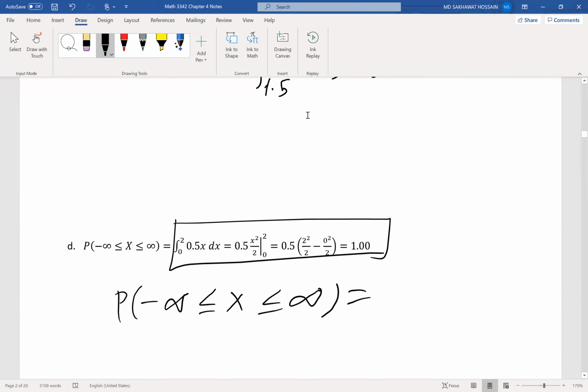Yes, this is 1, right? So why is this 1? How can we say without any calculation? Without doing this calculation, you can directly say this result. The result is 1. How can we say this? Can anyone tell me loud?